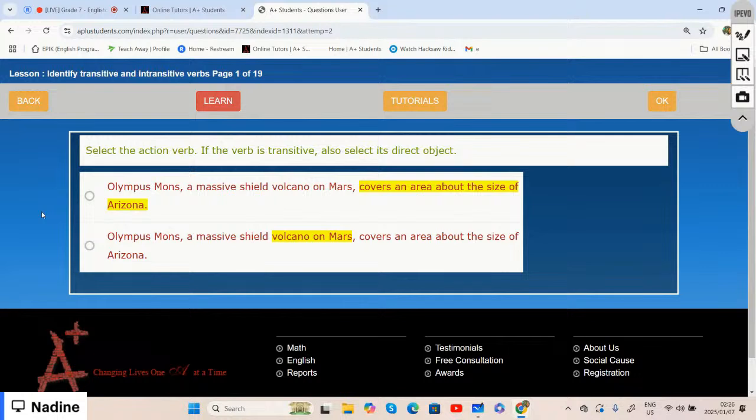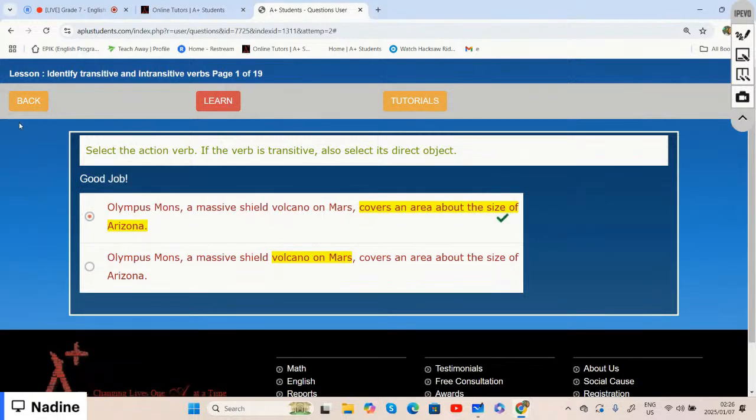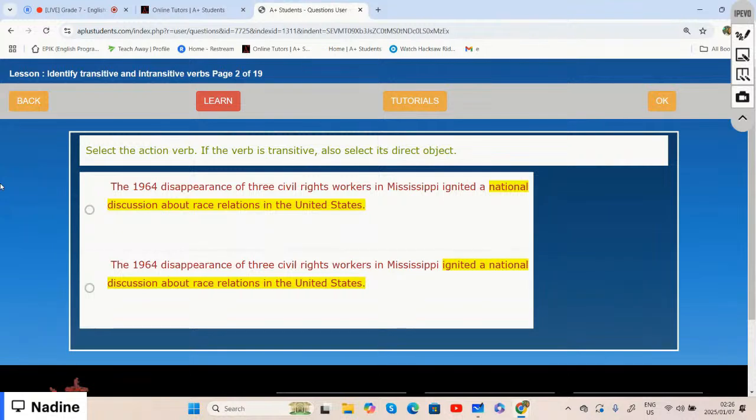If we were to find the verb that is transitive and also the direct object, then we'll go with option one, covers an area about the size of Arizona. So option one is correct.